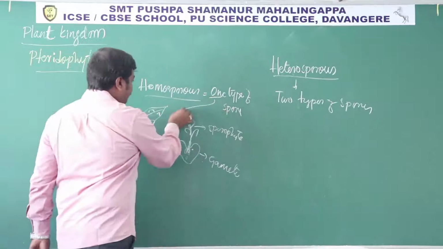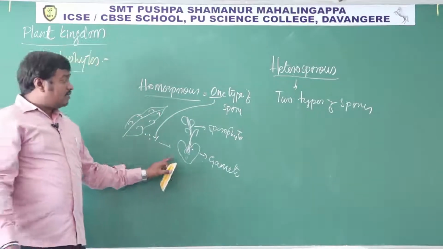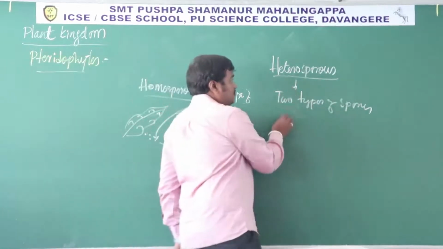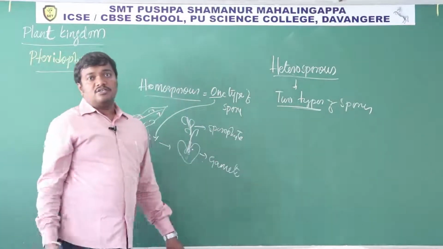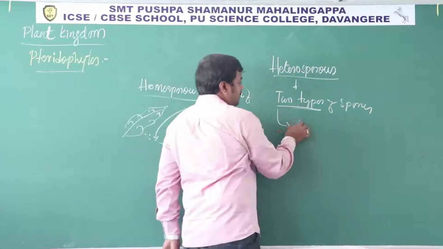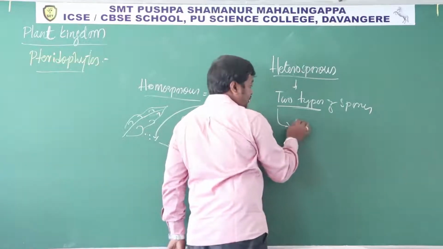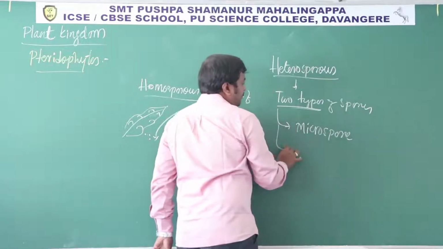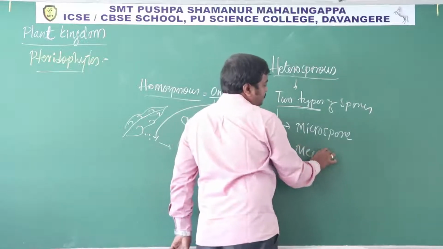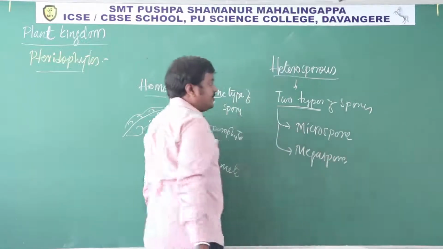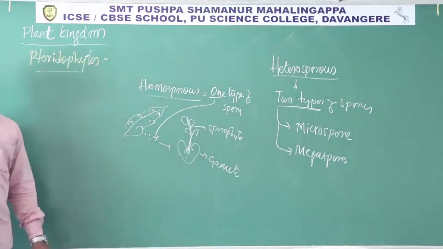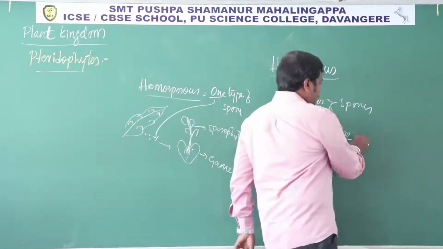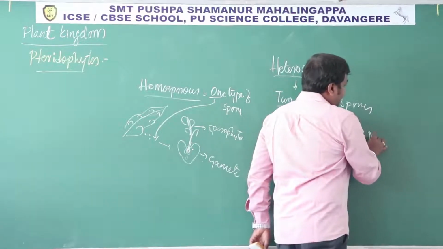In homosporous, the one type of spore germinates to give one gametophyte, on which antheridia and archegonia are produced. In heterosporous, two types of spores are produced: one is very small, which is called the microspore, and another one is the megaspore. Since the spores can be differentiated into microspore and megaspore, the type is heterosporous. Here the microspore develops into the male gametophyte.